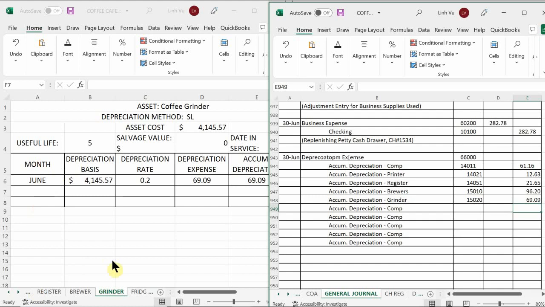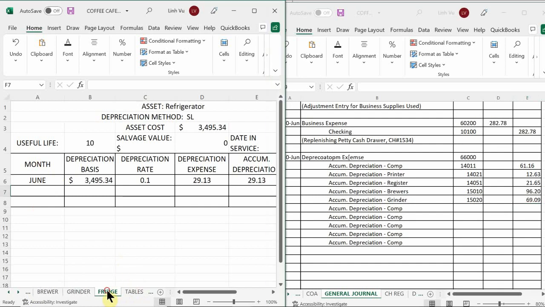Next on our list is going to be our refrigerator.